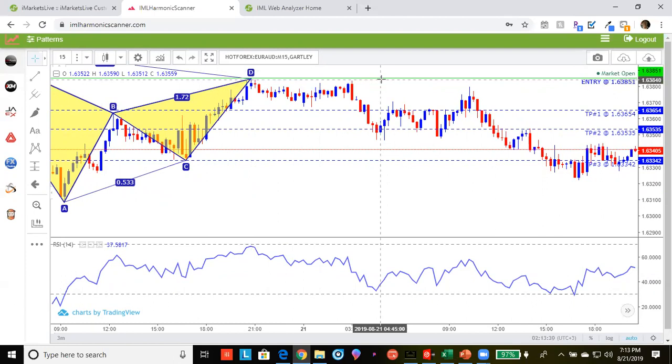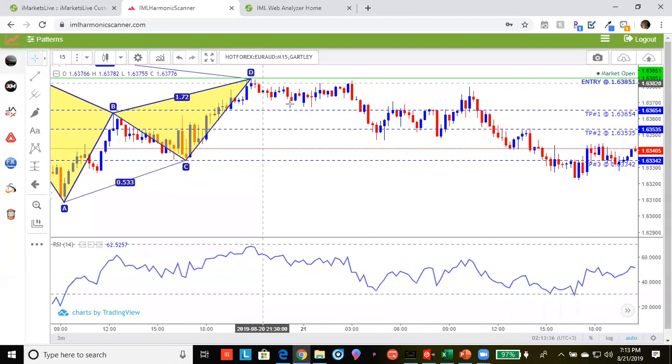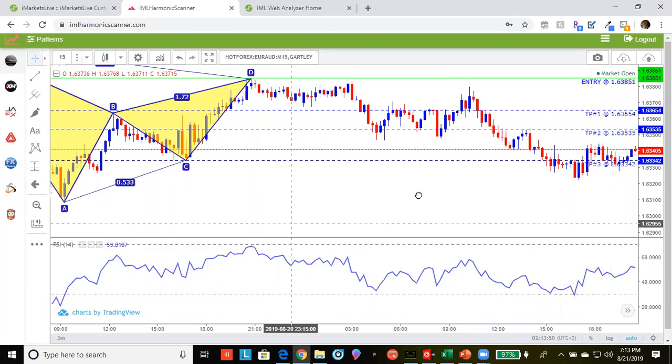Unmute yourself. Right, since the D is high, we're looking at this to be a sell. And as you can see on the right-hand side, take profit 1 is hit, take profit 2, and take profit 3 was hit. That's absolutely great. That's what we want the charts to do.